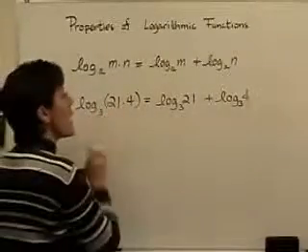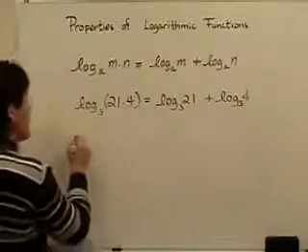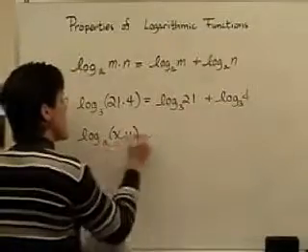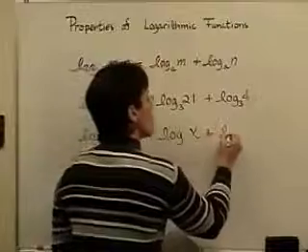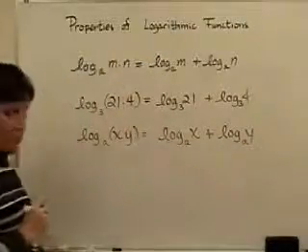You've written the log of the product as the sum of logarithms using this property. Another example, the log of xy, where the base is a, I would write that as the log of x plus the log of y, where the base is a, for each. All right?